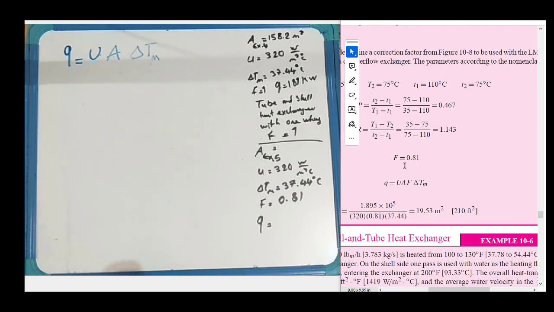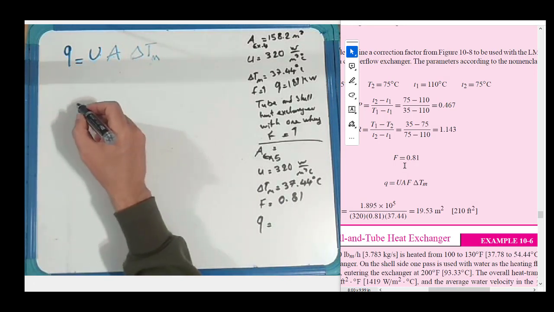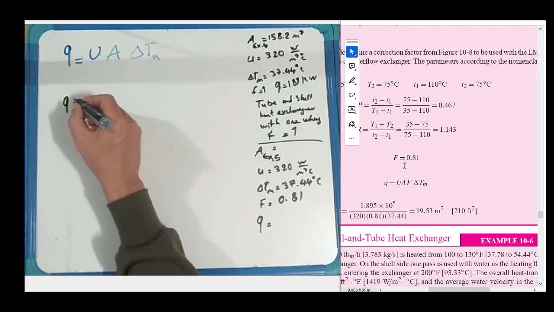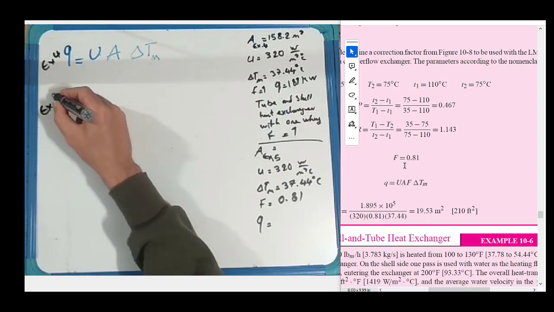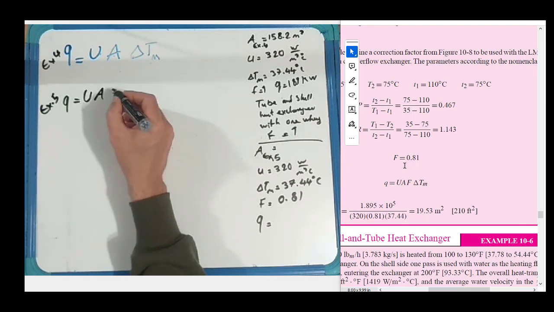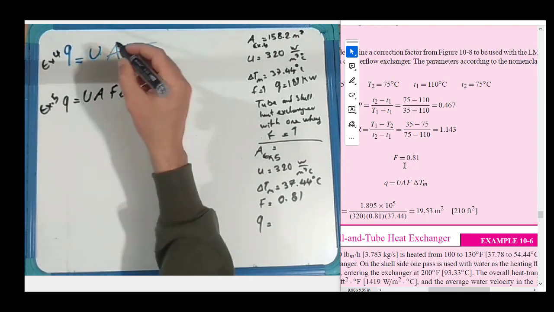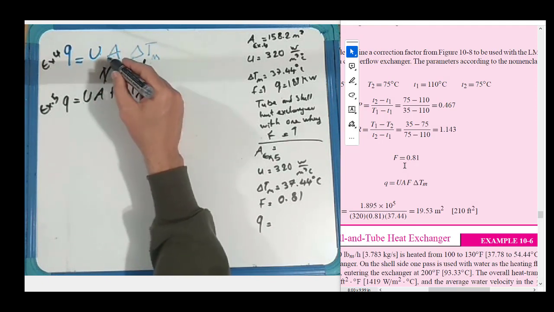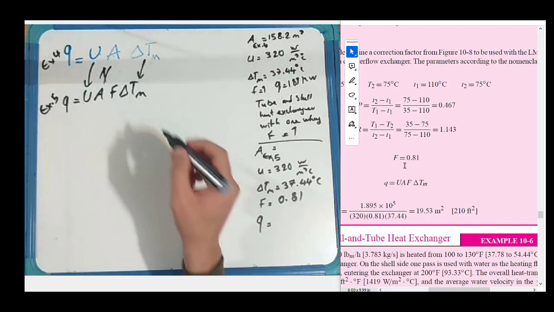Okay, as you can see, for example 4, for example 5, it is U, A, F, delta Tm. Delta Tm is that one. A is not the same as the previous one, but U is the same.